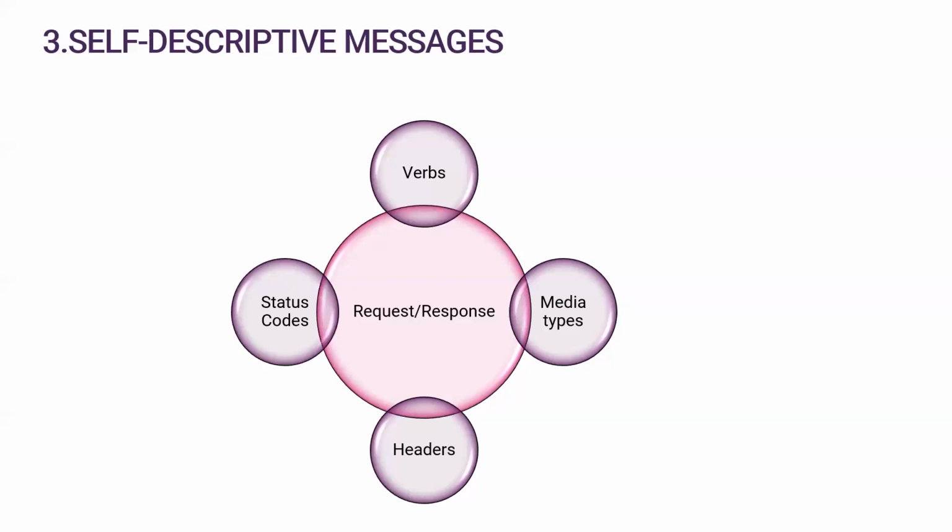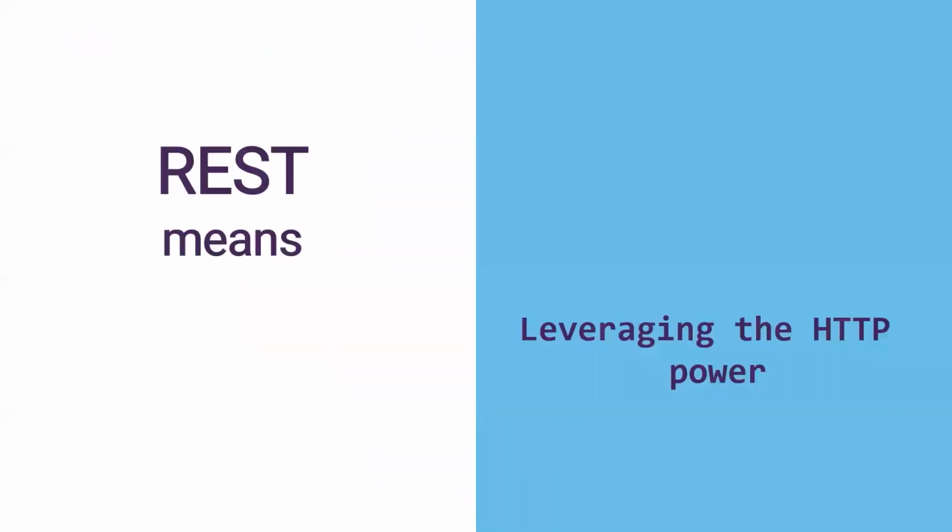Because status codes are supposed to add meaning and to tell the client what's wrong if something is wrong. But in fact, if we're talking about REST, REST means leveraging the HTTP power, pretty much. And you need to look at this protocol, HTTP, and understand what's happening behind the scenes and what it offers, because it offers a lot.